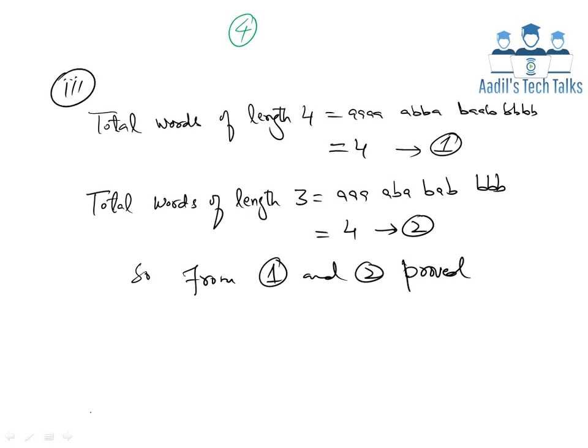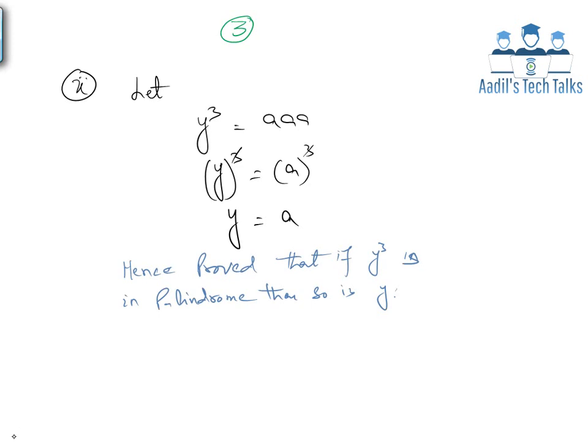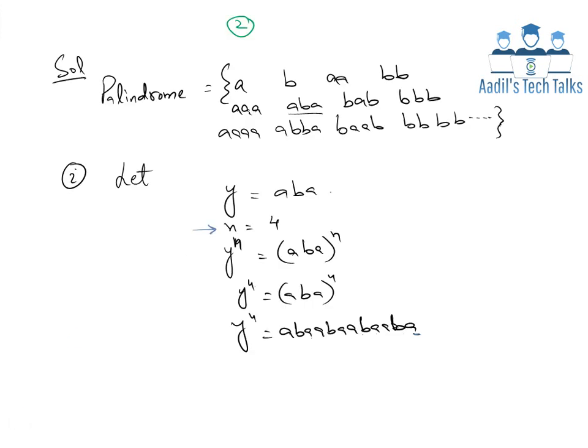Okay guys, the third part, total words of length 4. A palindrome has as many words of length 4 as it has of length 3. Now look here: AAA, ABA, BAB, BBB. There are 4 words of length 3 that are palindromes.